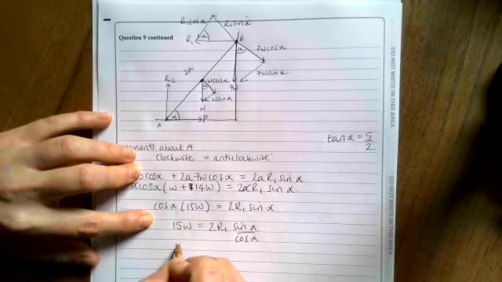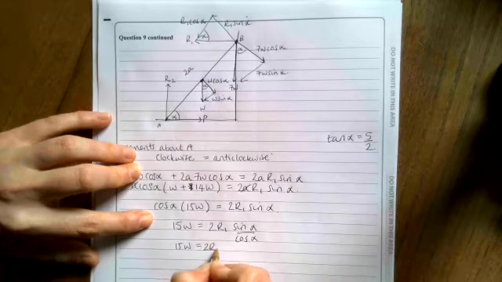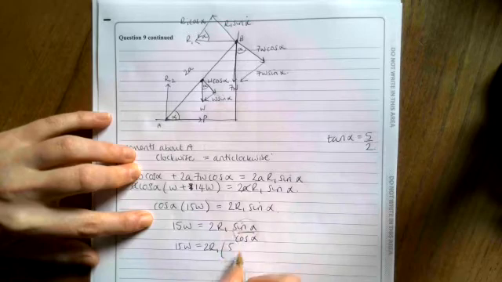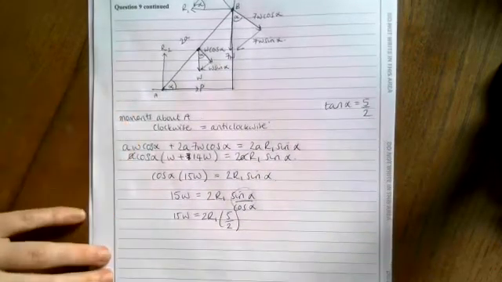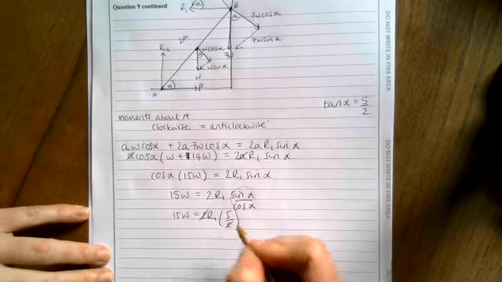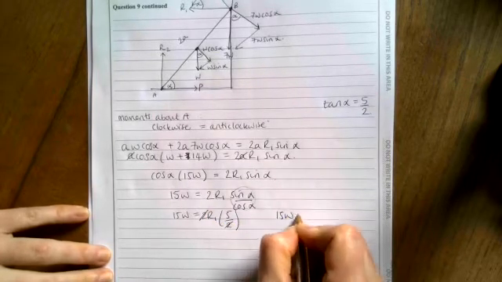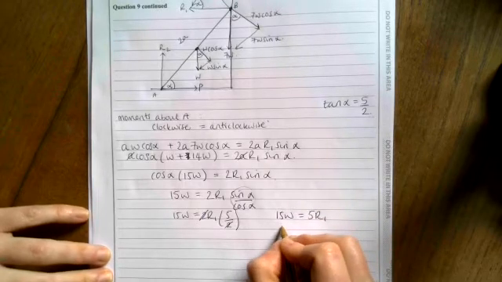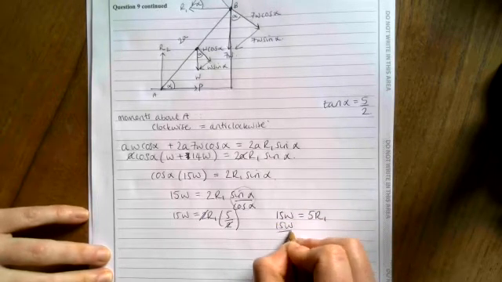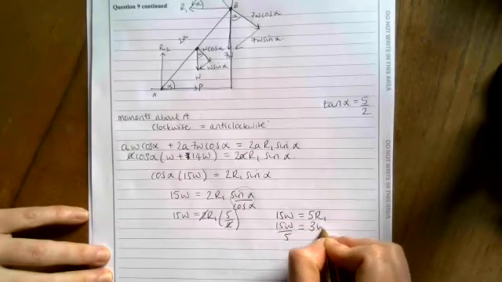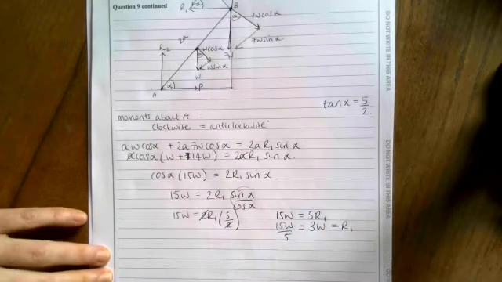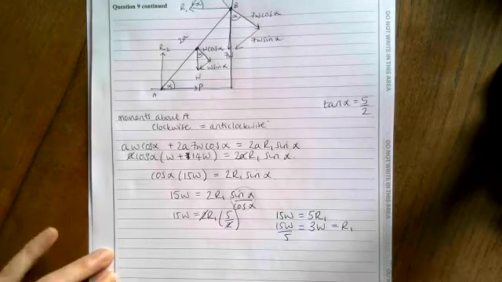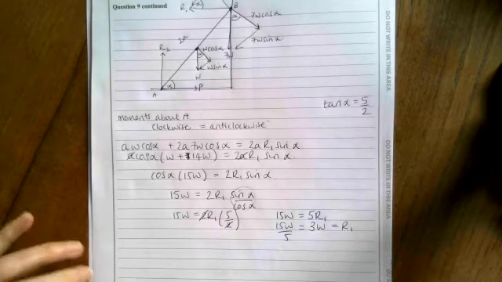So that's 15W equals 2R1, and then that's tan alpha there, so that's 5 over 2. The 2's cancel nicely. So I've got 15W equals 5R1. And if I divide by 5, 3W equals R1. And that's exactly what they wanted me to show in the question.